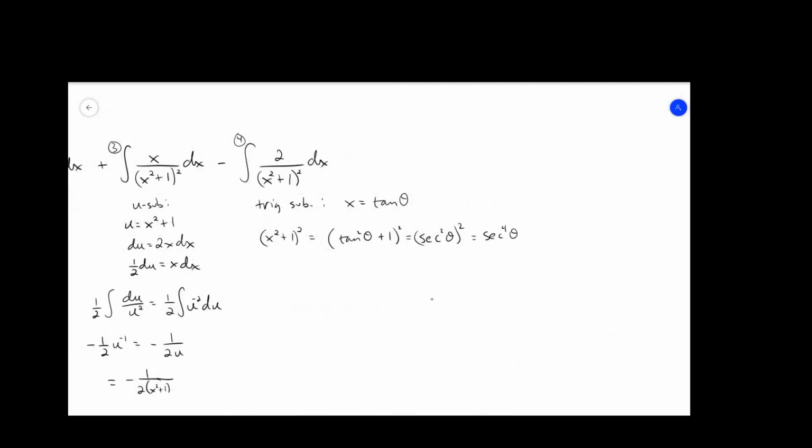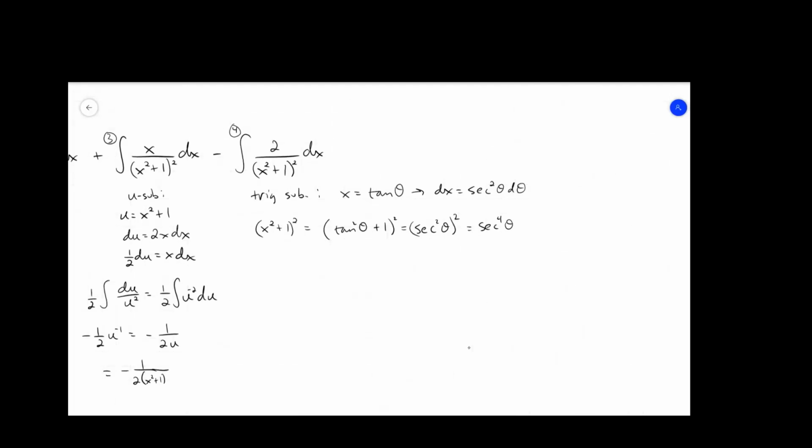And then we also need to do dx as well. Dx is equal to the derivative of tangent, which is secant squared. And so with all that, the integral is going to become 2 dx. So let's see, 2 dx was secant squared.